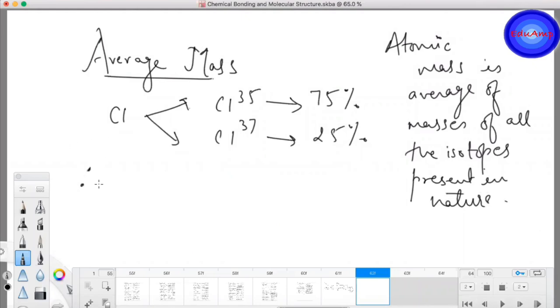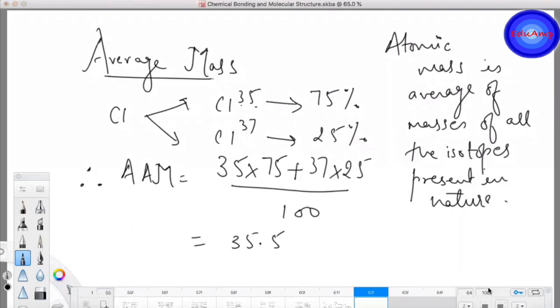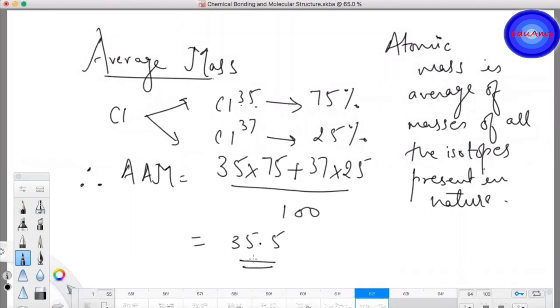If you calculate average atomic mass, it would be 35, that is mass number, into its percentage, 75%, plus isotope 37 into 25, upon 100. When you solve this, you will get 35.5. Now, this 35.5 is the average atomic mass of chlorine, which you will usually see in the periodic table. Similarly, for other elements, you can also calculate.